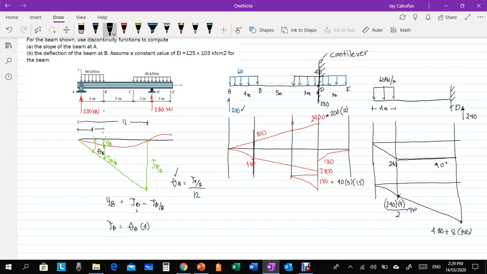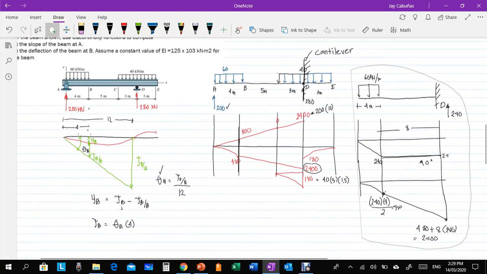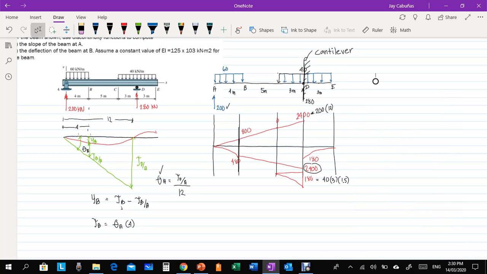Since 240 is the height and this one is 8, the result is 2,400. So that's the reason why 2,400 is in the moment diagram. Okay? Any question? If you have a question, just screenshot, then comment.